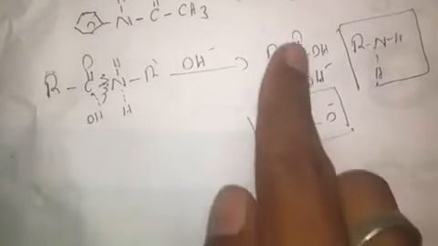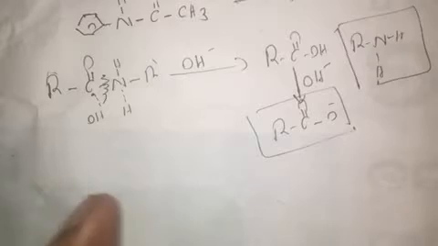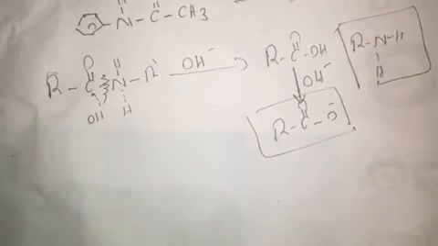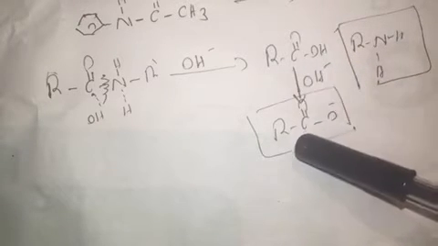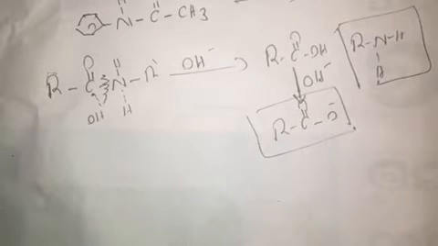We can't get the carboxylic acid, because when the carboxylic acid forms, it again reacts with OH minus to form the carboxylate anion.